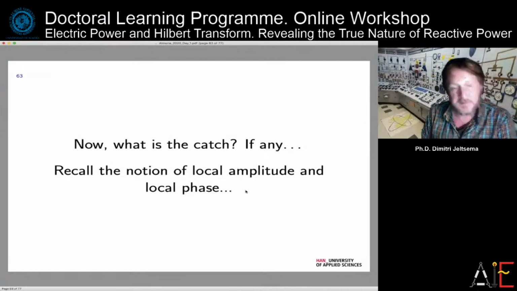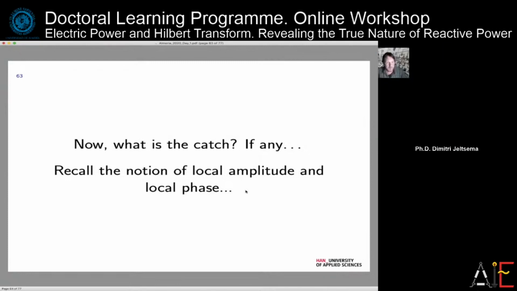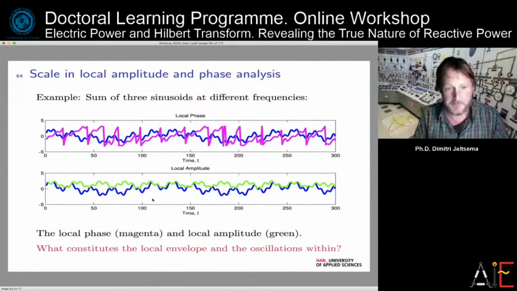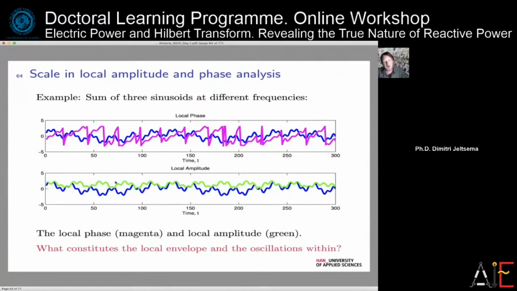And that is, for example, illustrated over here. So I have just the sum of 3 sinusoids, so purely a sum of 3 harmonic signals. I just add them together, and then I define the local amplitude as I presented before. And the blue signal here is the original signal, and the light green one here, that's then the amplitude.